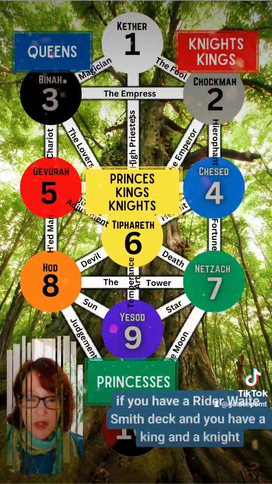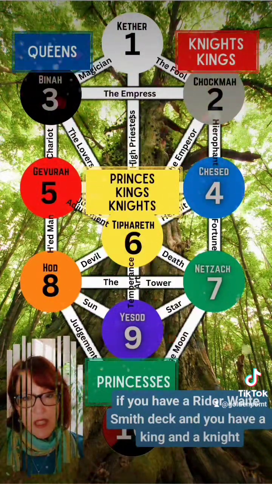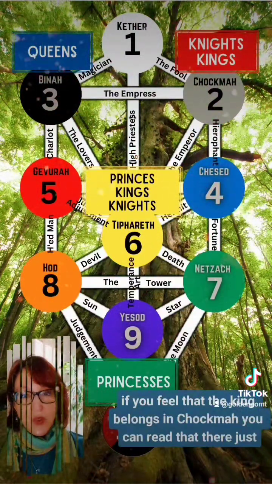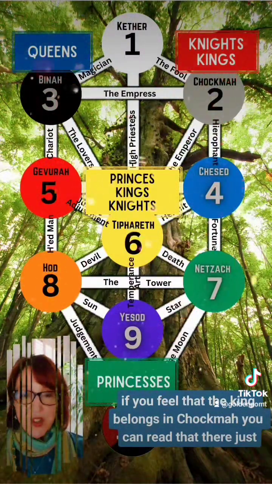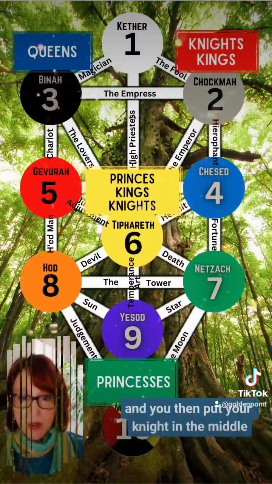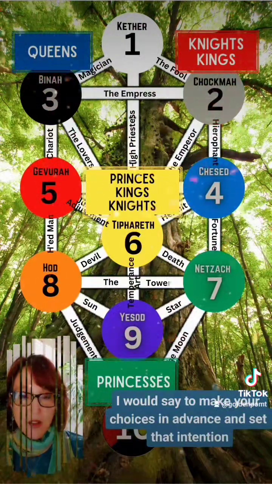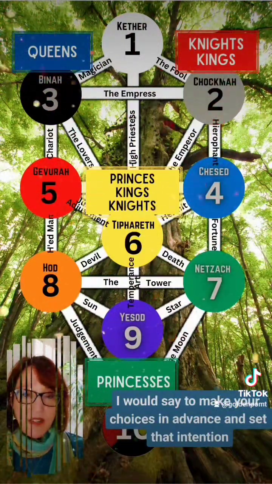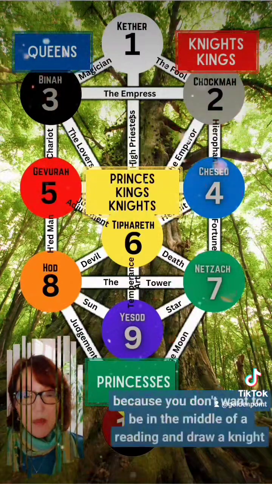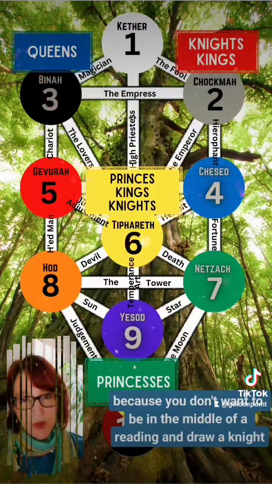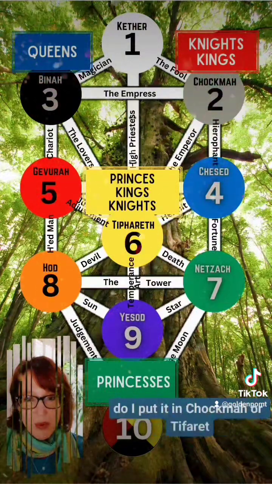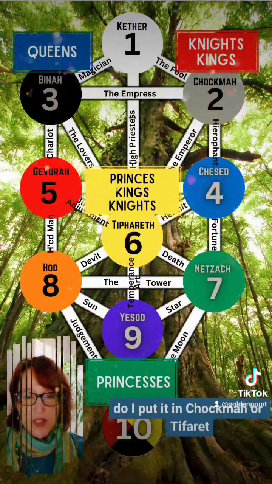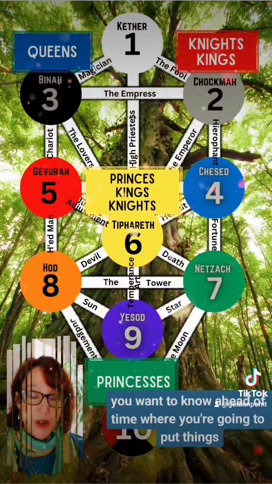If you have a Rider-Waite-Smith deck and you have a king and a knight, if you feel that the king belongs in Chokmah, you can read it there, and you then put your knight in the middle. I would say to make your choices in advance and set that intention, because you don't want to be in the middle of a reading and draw a knight and think, oh gosh, where do I put this? Do I put it in Chokmah or Tiferet? You want to know ahead of time where you're going to put things.